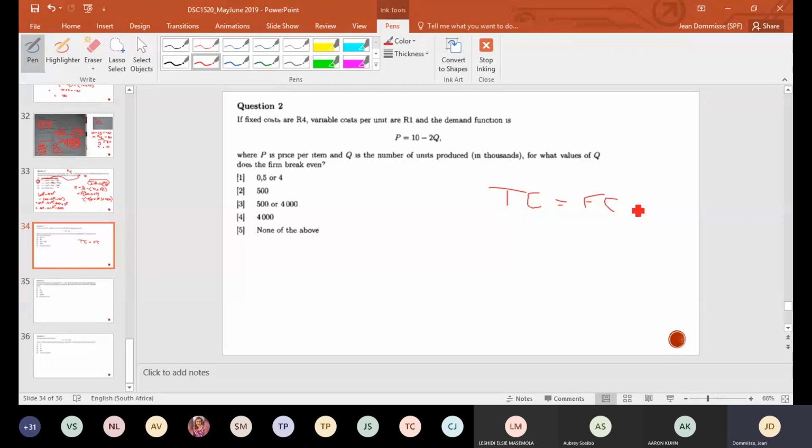And I'm just writing. I don't know if this is what we're asking. So we need to know where total revenue is equal to total cost.